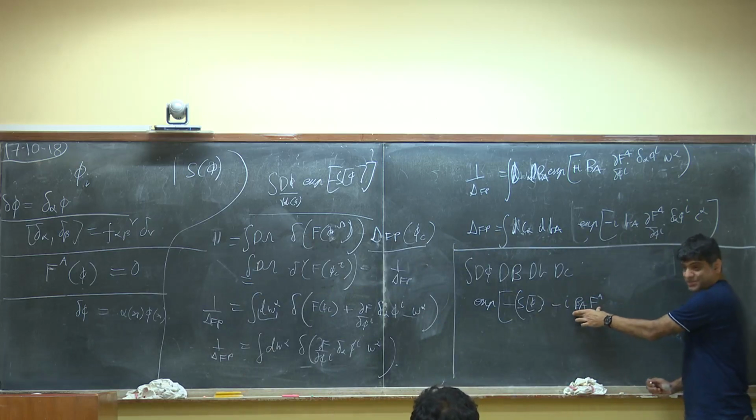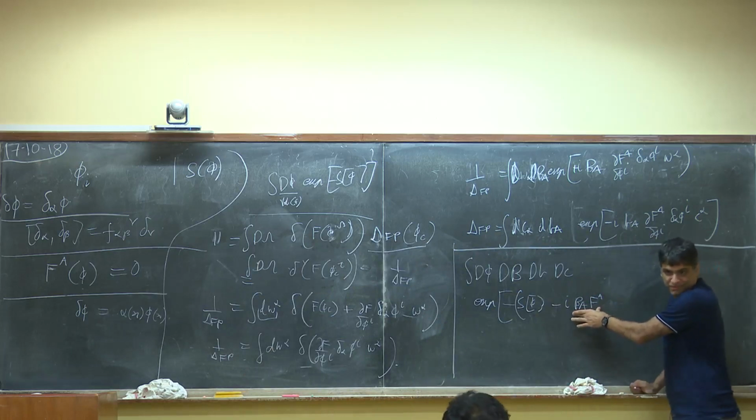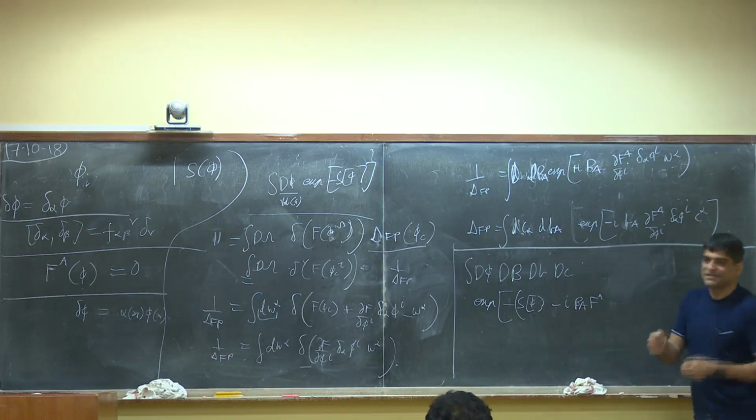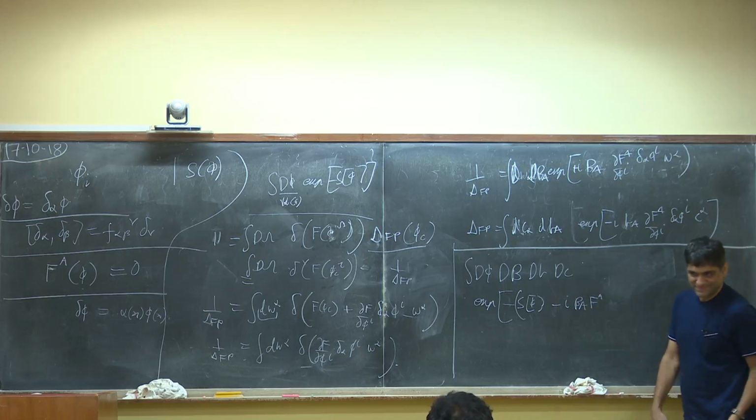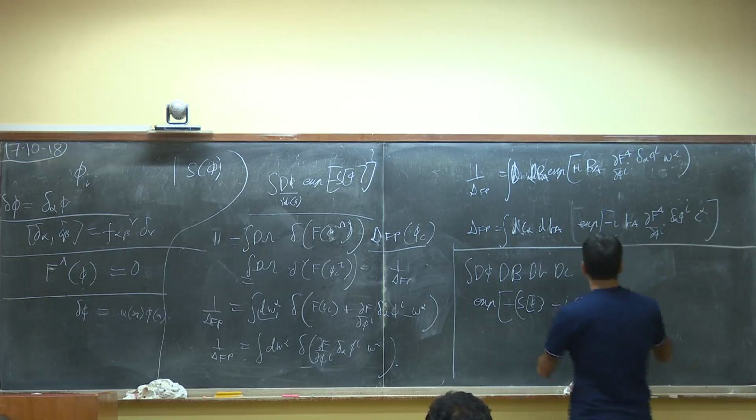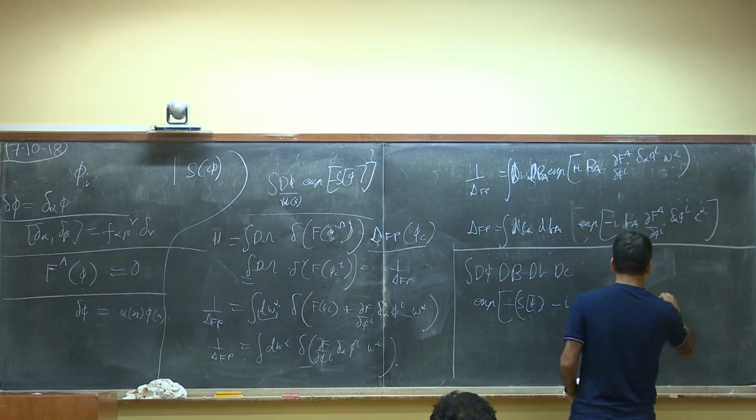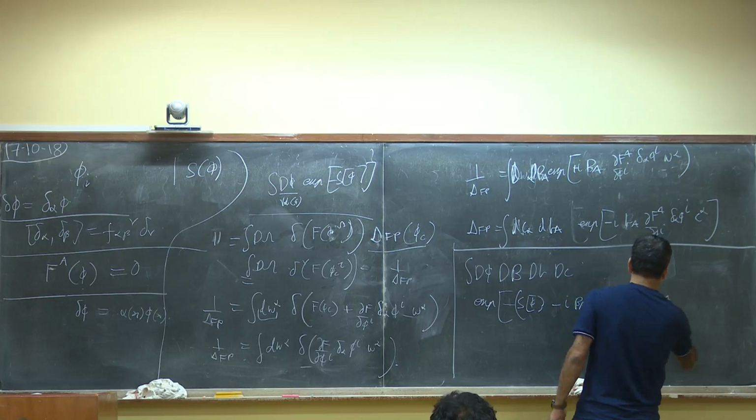Then this expression which was there to gauge fix, but we've not solved that delta function. And plus we have plus i B_a del F_a by del phi_i delta_alpha phi_i c_alpha.